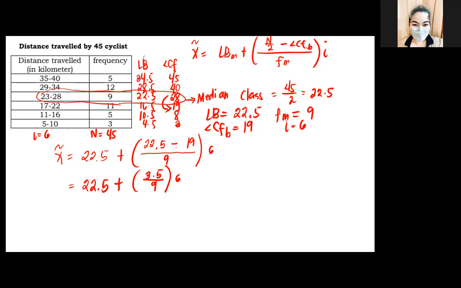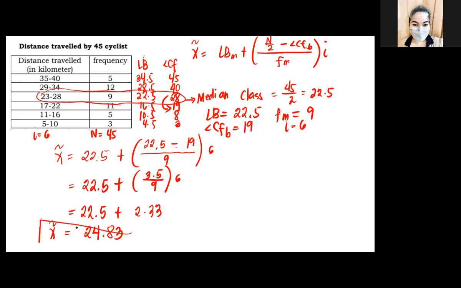So ano yung magiging answer natin dito? Ano yung i-add ko sa 22.5? 2.33. So what will be our median? Our median is 24.83.